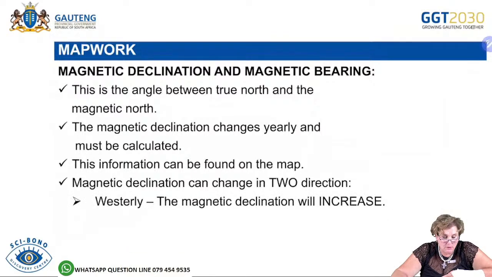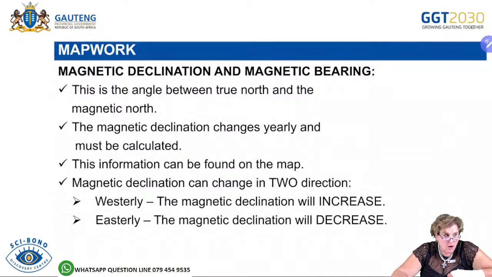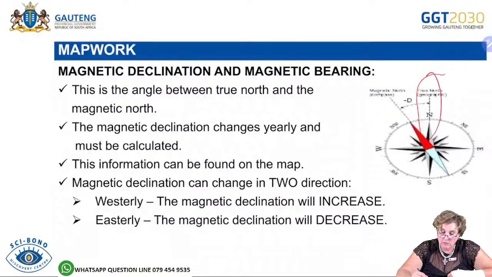It can either move west, where the magnetic declination will increase, or it might move east, where the magnetic declination will decrease. There's my true north, there's my magnetic north. Magnetic north changes every year due to the change in the magnetic fields of the earth.